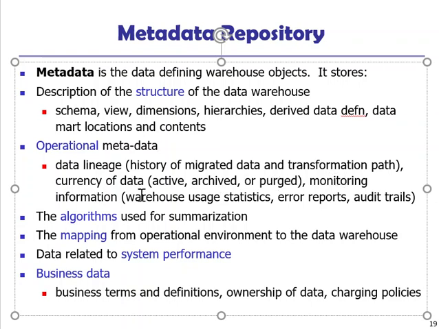Monitoring information, like data warehouse usage statistics. If an error has been detected, the error reports that need to be addressed in the next refreshment, and audit trails. Those sets of metadata are also crucially important to maintain the active status of the data warehouse.